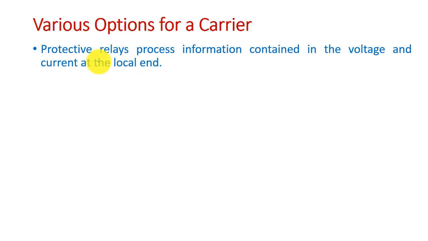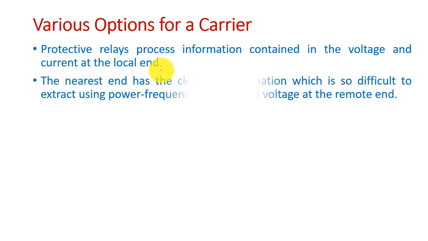The protective relays process the information contained in the voltage and current at the local end. Always, the relays process this information at the local end.